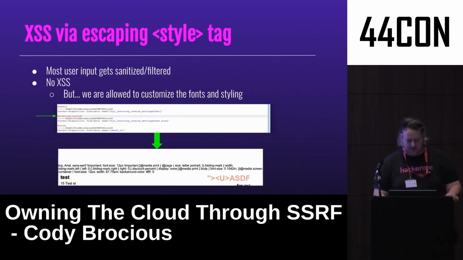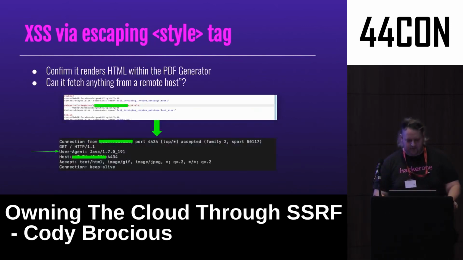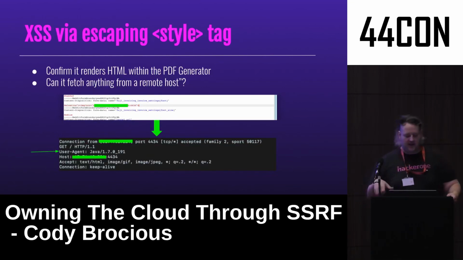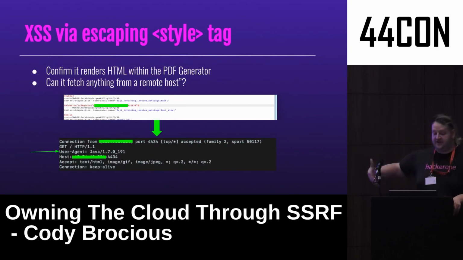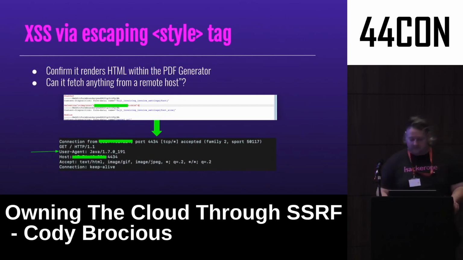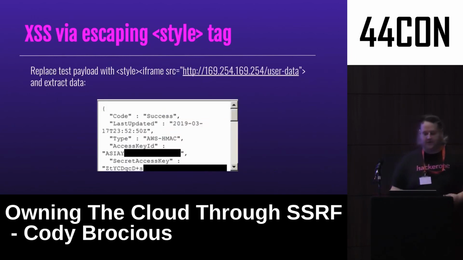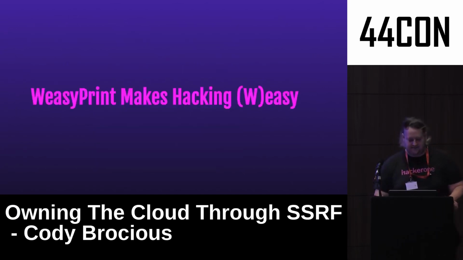Slide is slightly out of order there. So in this case, we confirm that it renders HTML in there, and we see that it's making a request to our site using Java. It's fetching this image from our domain. So what actually happens here? Well, in this case, if we just replace that with closing tag style iframe source user data, we get those secret access keys. So that's again that trivial case.